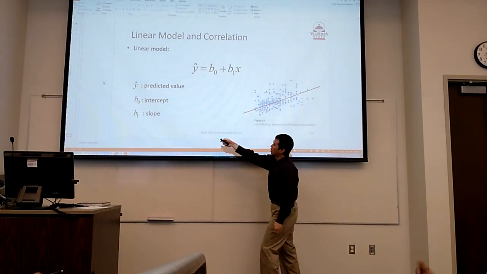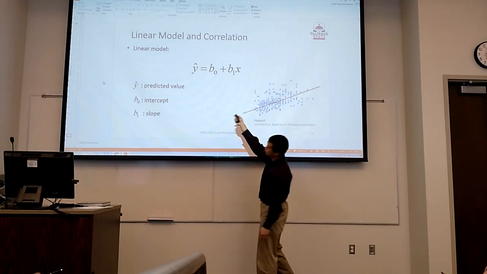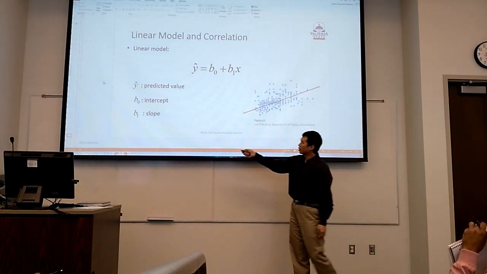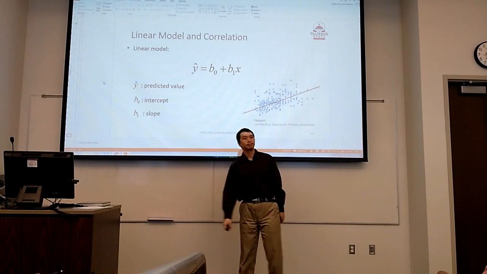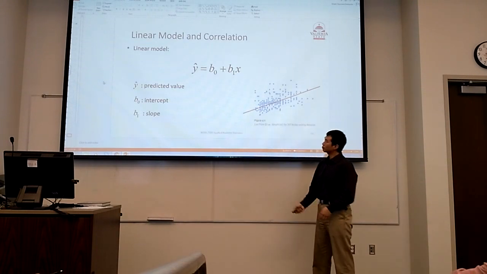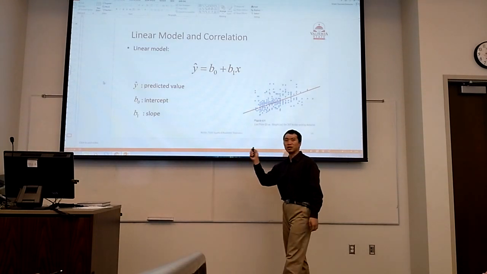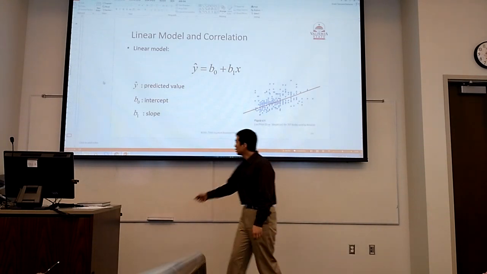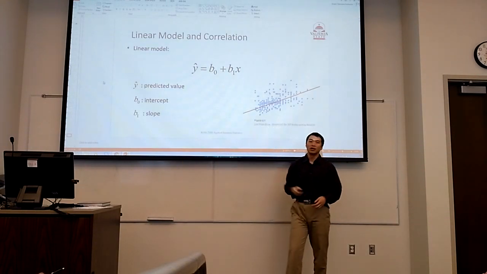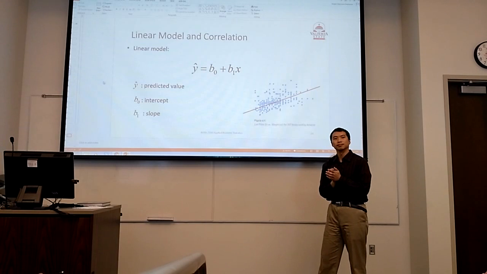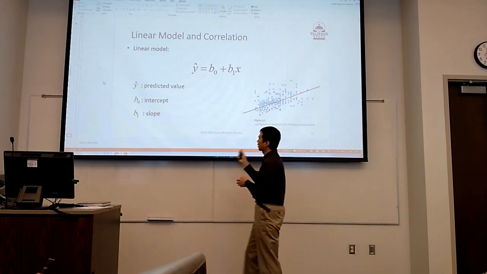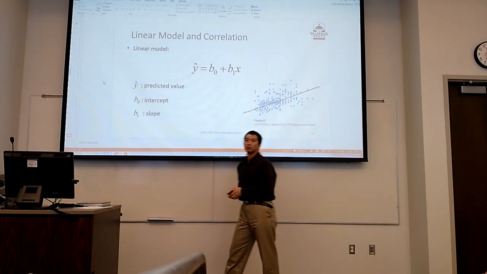So y hat is a predicted value. And b0 is called the intercept. Remember the name: b0 is your intercept, and b1 is the slope. The coefficient of x, b1, is called the slope.